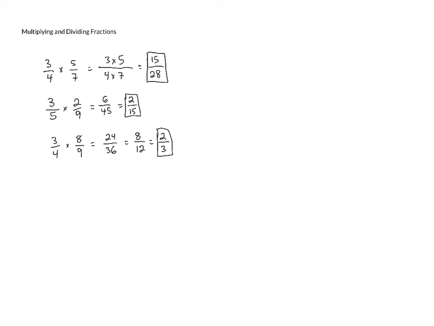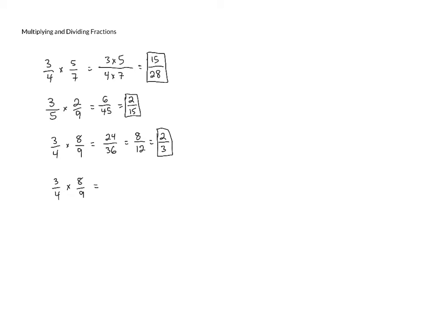But there's another way of doing this problem. I'm going to rewrite it, 3/4 times 8/9. Instead of multiplying everything first and then canceling in the end, we can do something called cross-canceling to make things simpler earlier on. Let's take a look at the 3 in the numerator and the 9 in the denominator.